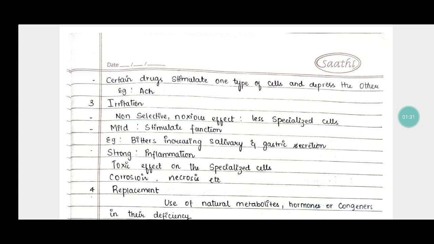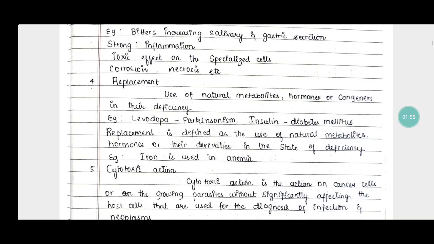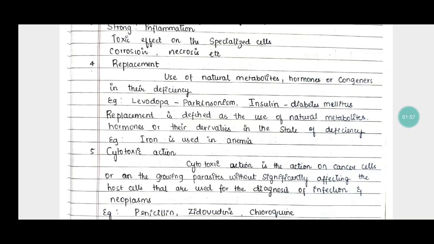The non-selective noxious effect on less specialized cells, with mild stimulation of function, for example bitters increasing salivary and gastric secretion, where strong inflammation occurs due to the toxic effect on the specialized cell, causing corrosion or necrosis, etc. So the fourth one, that is replacement.